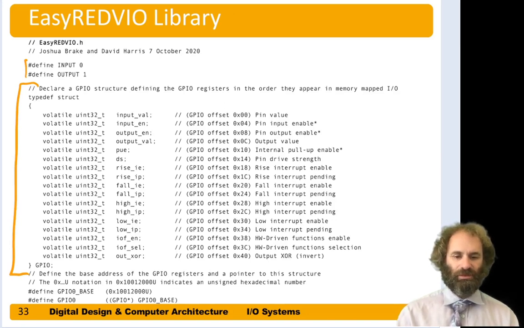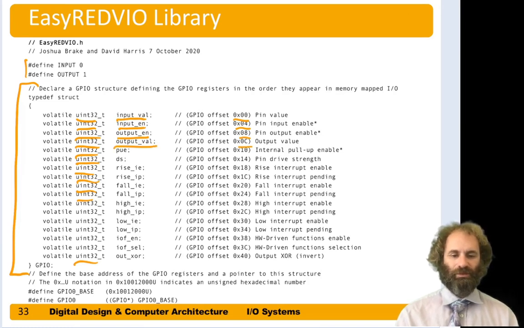This structure contains a bunch of 32-bit unsigned integers. These are the registers of the GPIO. And remember, an offset of 0 was the input value, offset of 4 input enable, offset of 8 output enable, and offset of C for the output value. So those are the first 4 registers within that part of the memory mapped I/O.